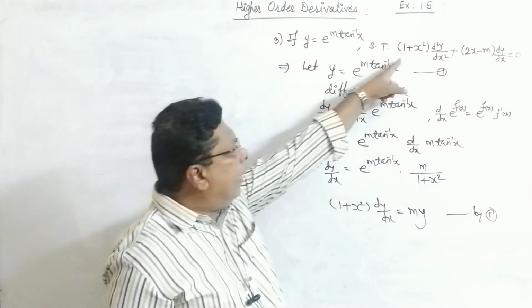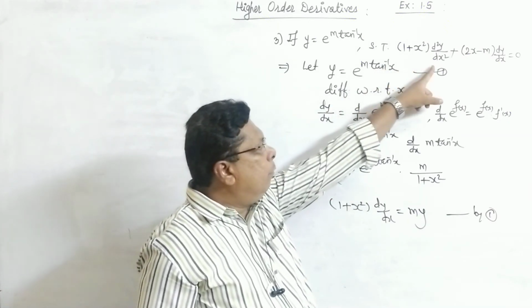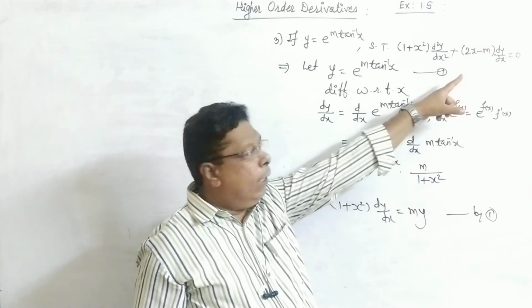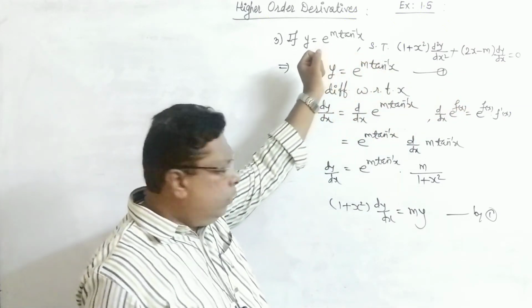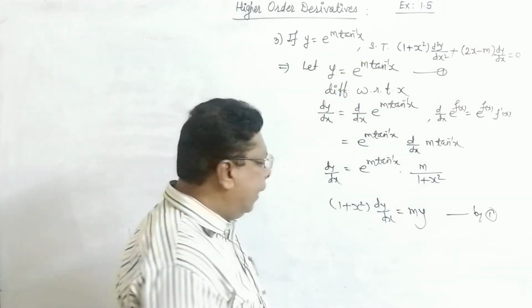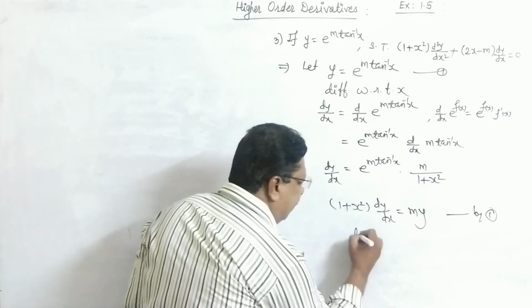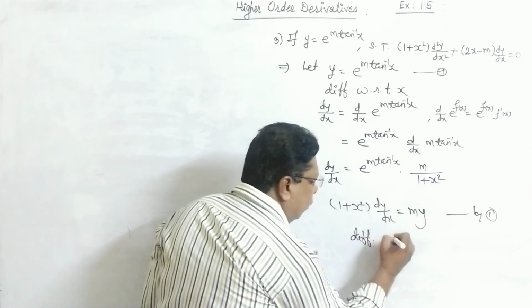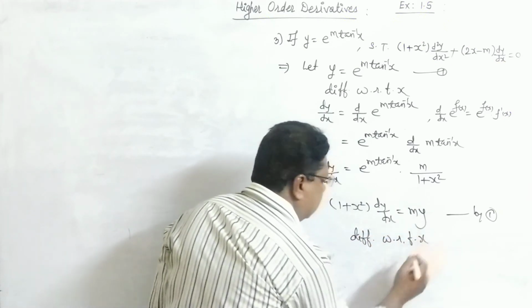Now we have to show that 1 plus x square into d square y by dx square plus (2x minus m) into dy by dx equal to 0. So we have to differentiate again. Differentiate with respect to x.